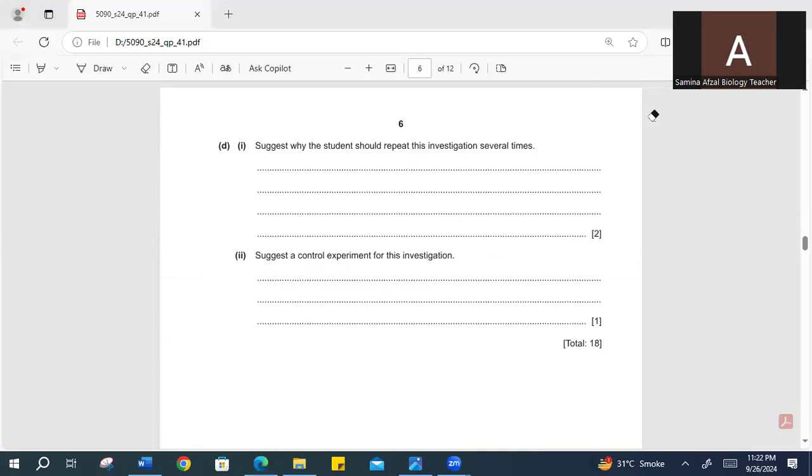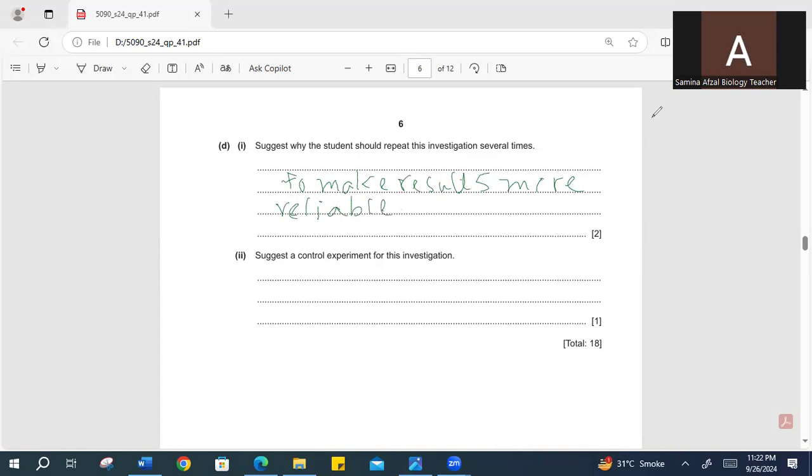So we can say that the results will be more reliable in this way. There will be no chance of any mistake.